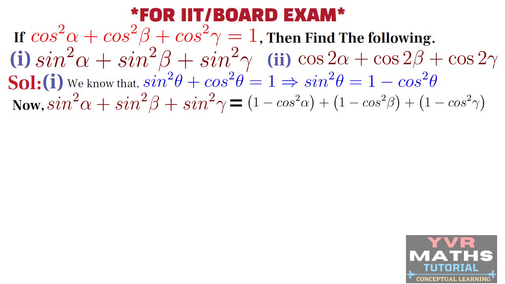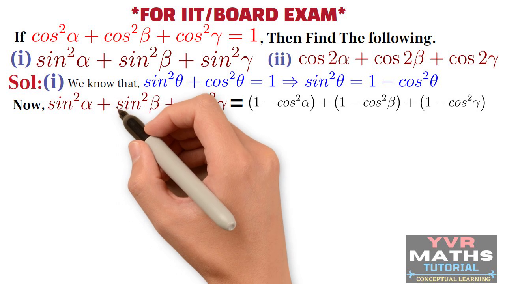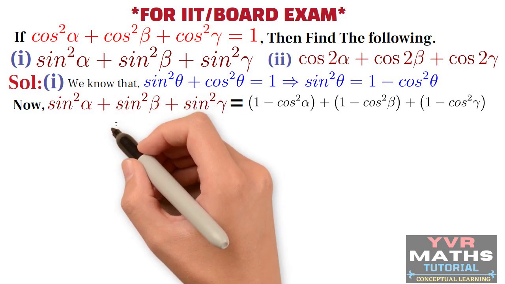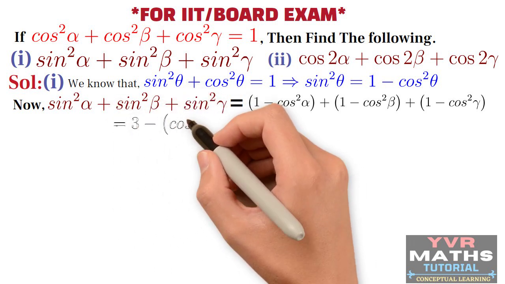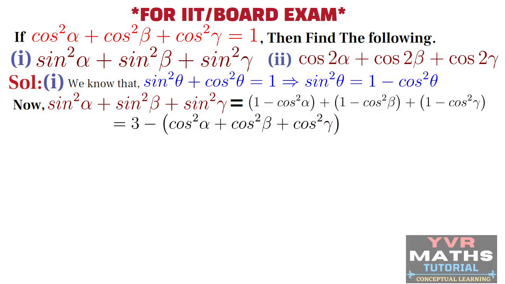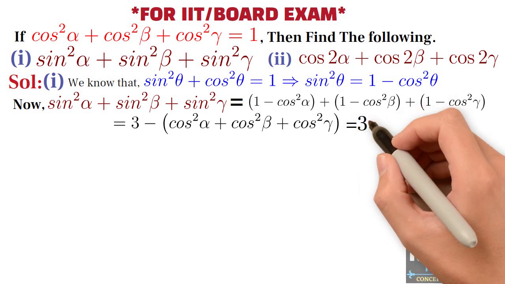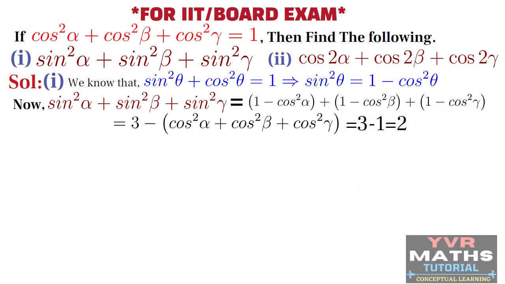From the negative terms, if you take minus common, minus of cos²α + cos²β + cos²γ. As per our previous discussions, cos²α + cos²β + cos²γ has value 1. So 3 − 1 is equal to 2.